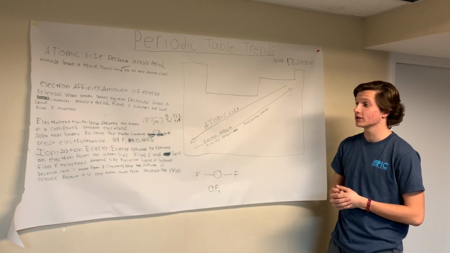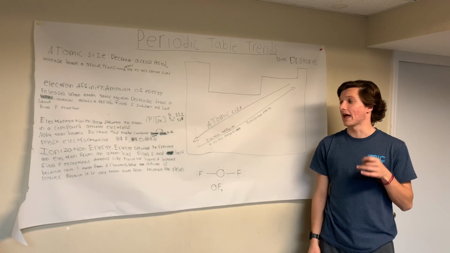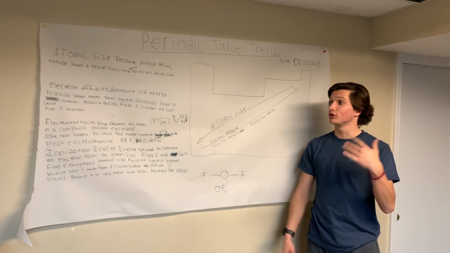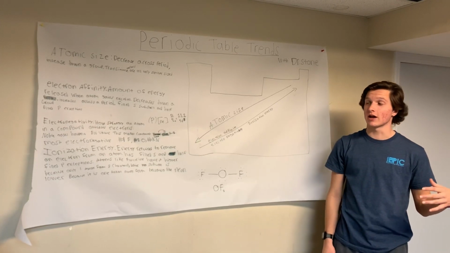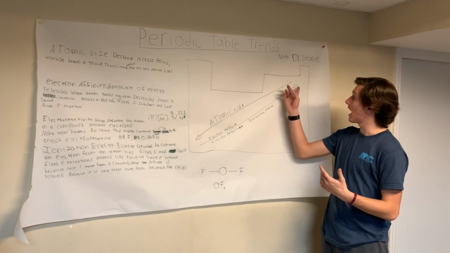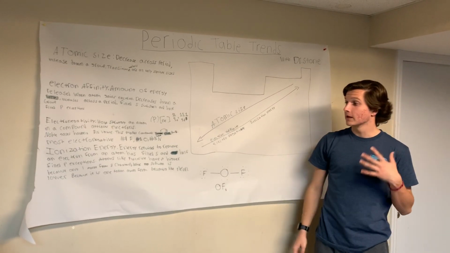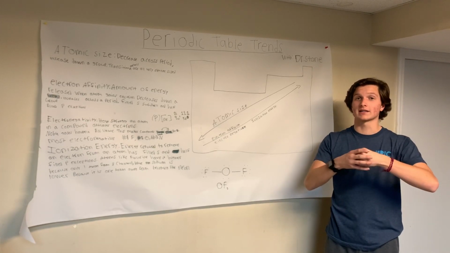Now, ionization energy is the last one. It is the energy required to remove an electron from an atom. This one also, just like electron affinity, has the filled S and the half-filled P shell exceptions. Atoms like fluorine have a higher ionization energy because they're only 1 away from a filled octet of 8.